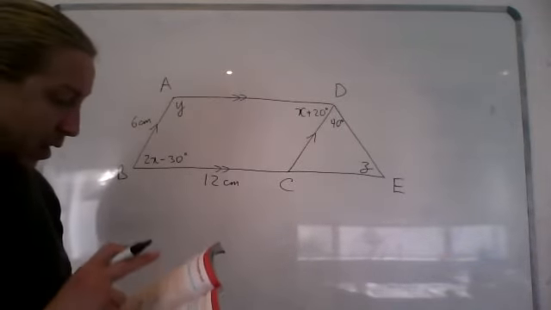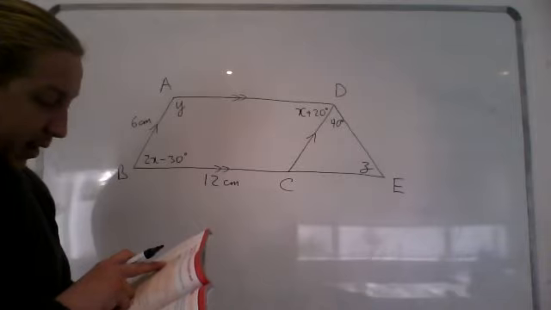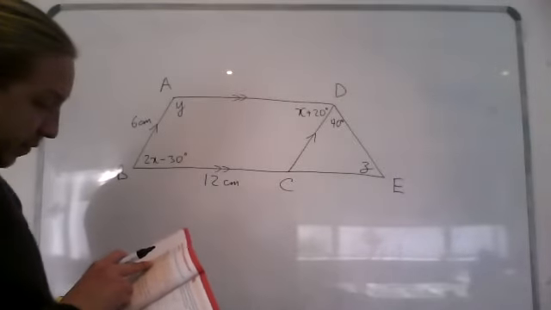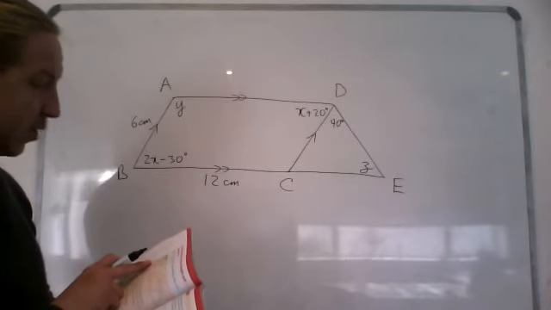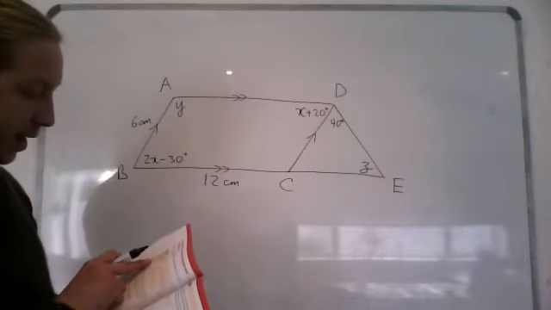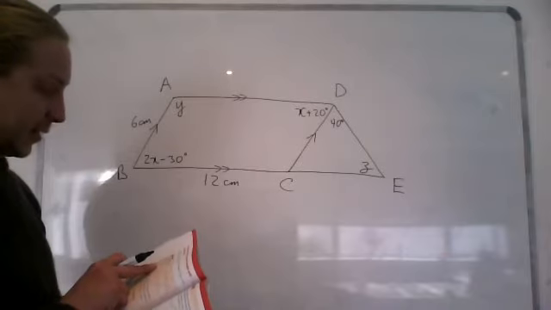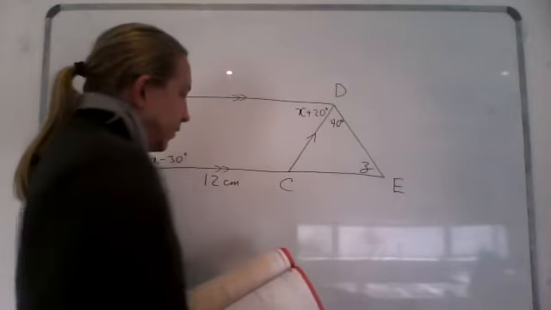Angle B equals 2x minus 30, we have that. Angle D equals x plus 20, we have that. Angle A is y, and angle E is z. So that's that and that.